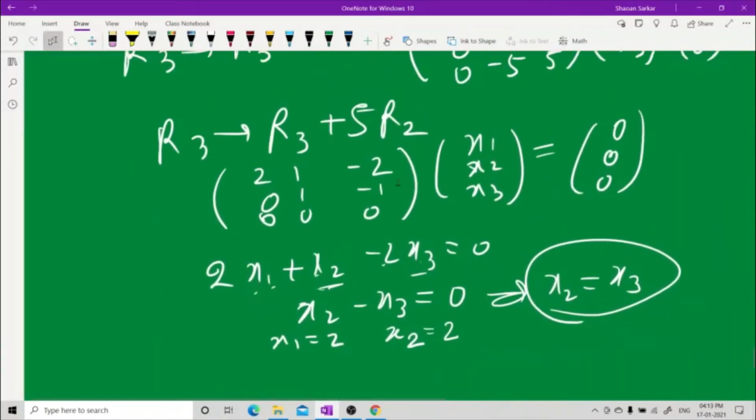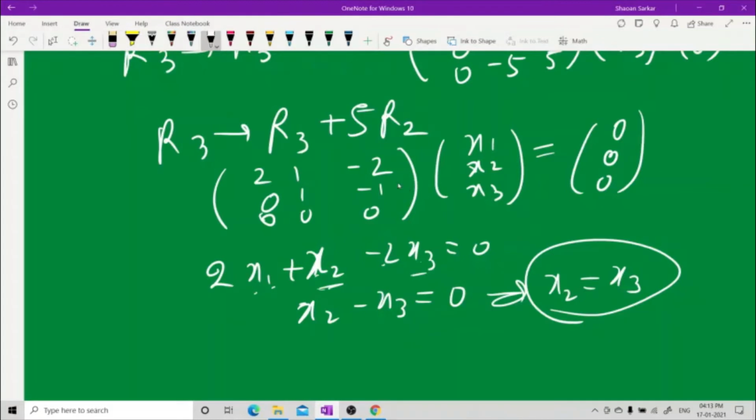I got these two expressions. Wait. Somewhere I've gone wrong. x1 plus x2 minus x3. x2 and x3 has to be same. So how do I make it 0? See, very simple. Let me write the equation from here.